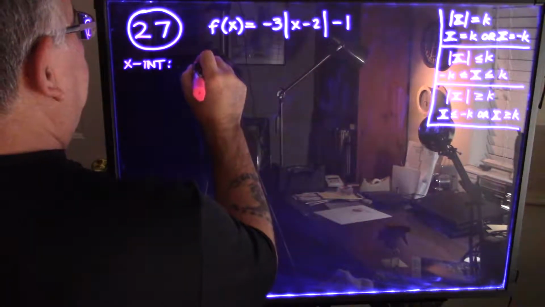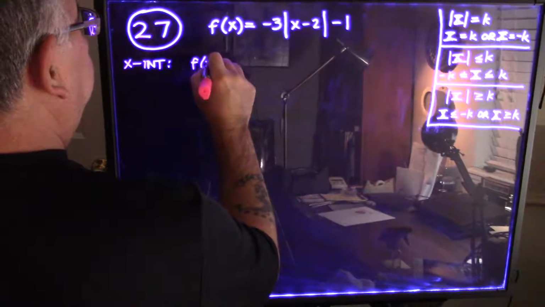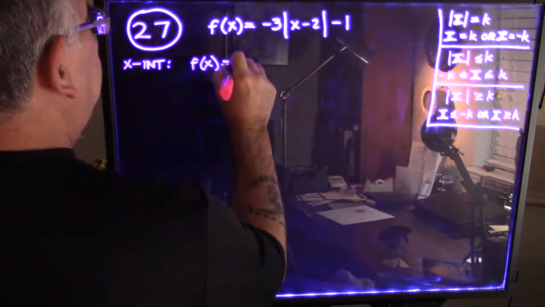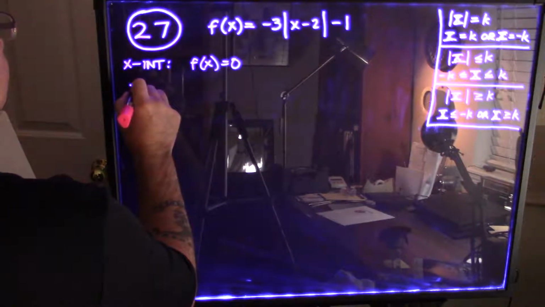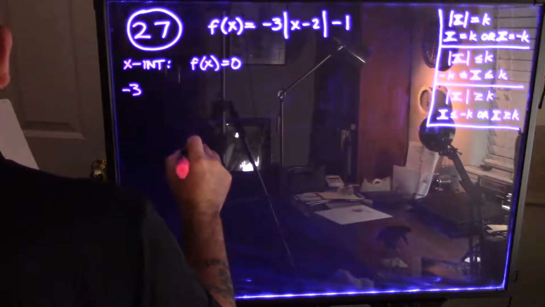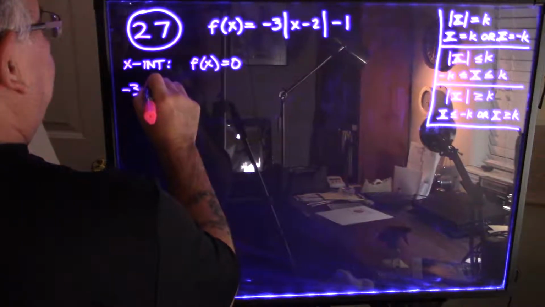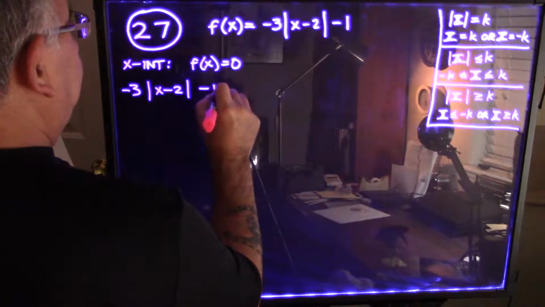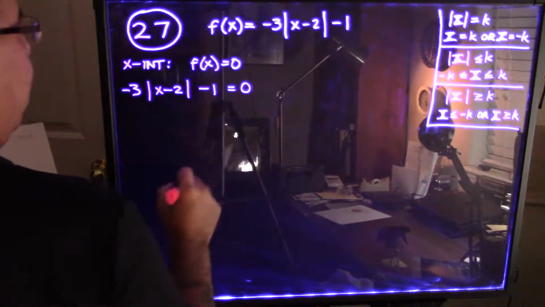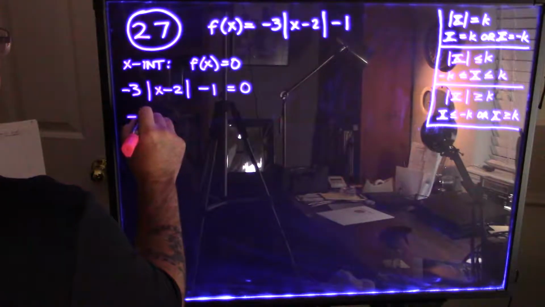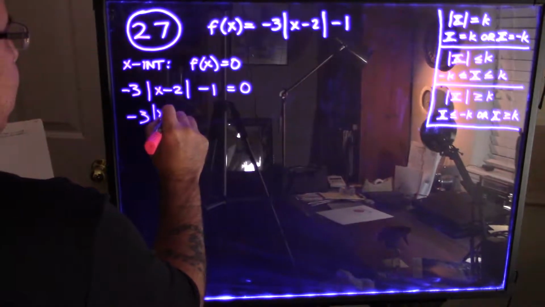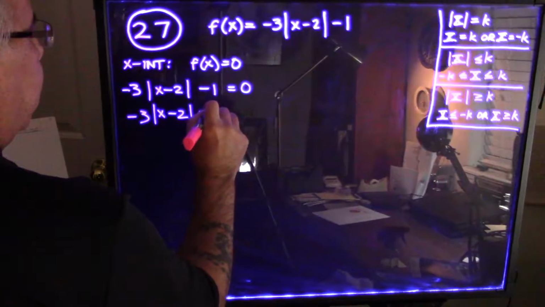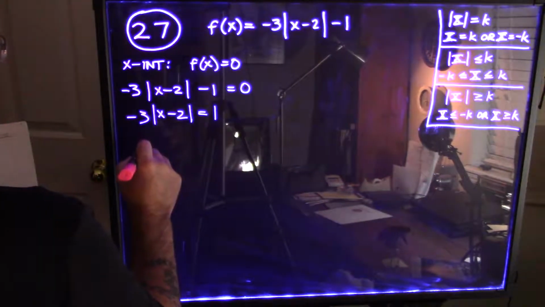That's where f of x equals 0. So we've got 3, or rather negative 3. Absolute value of x minus 2 minus 1 equals 0. Add 1 to both sides. Divide both sides by negative 3.